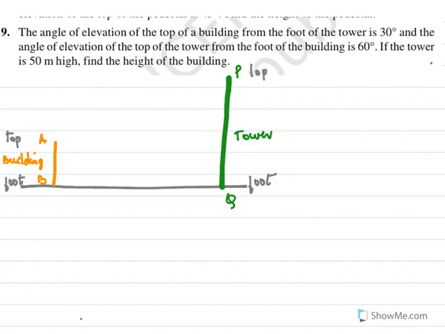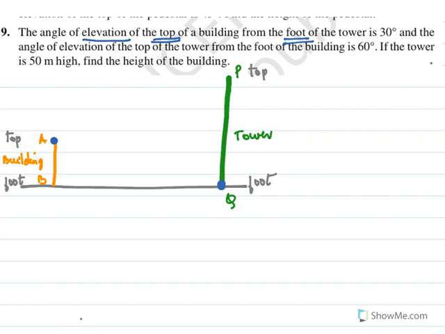Here this is foot of the tower, and this is top of the tower. So let's start now drawing it. So the angle of elevation of the top of the building from the foot of the tower. So top of the building, foot of the tower. Where is top of the building? This is top of the building. Foot of the tower here.